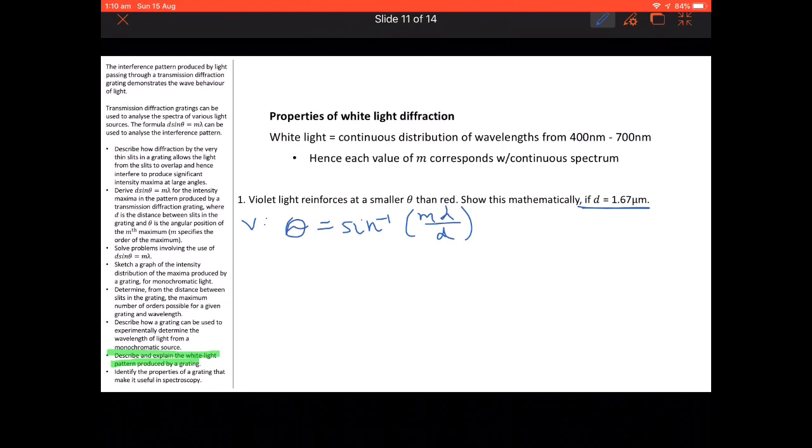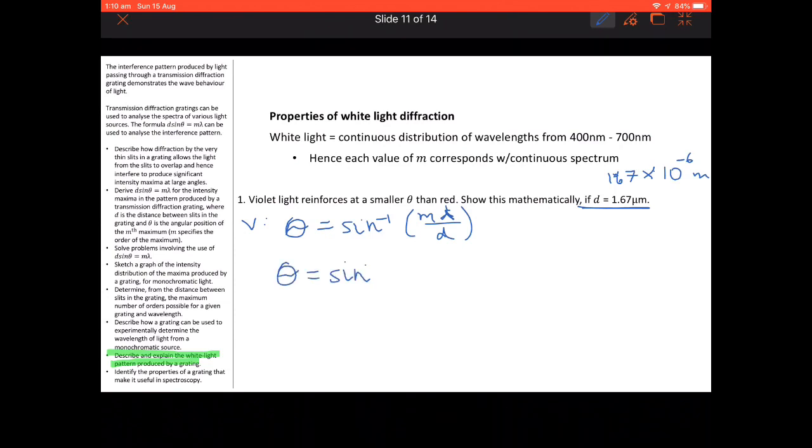Hopefully you can see that I've just rearranged the path difference formula there. 1.67 micrometers is going to be equal to 1.67 by 10 to the negative 6 meters. We'll just use m equals 1, so the first maxima, to demonstrate this.